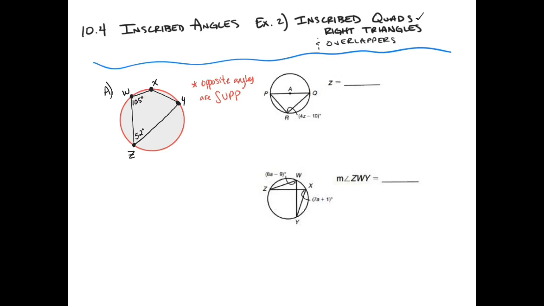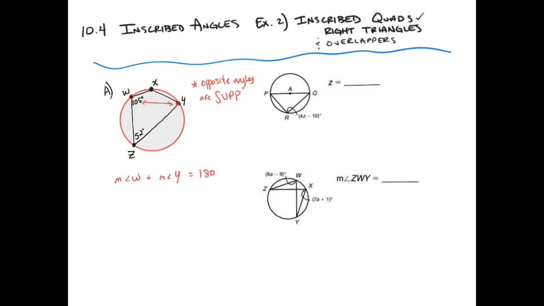Opposite angles means the ones that are not consecutive, like angle W and angle Y. They're not next to each other, they're opposite. So the measure of angle W plus the measure of angle Y should be supplementary, 180 degrees.